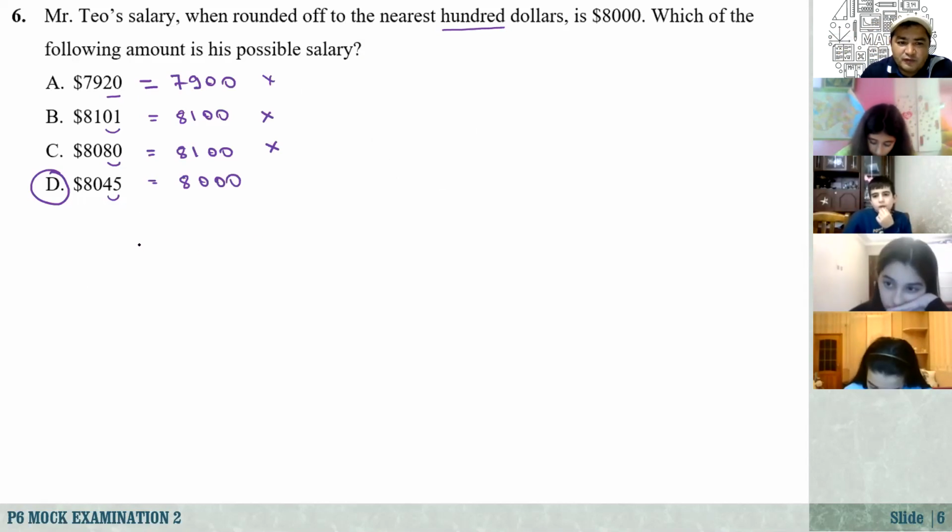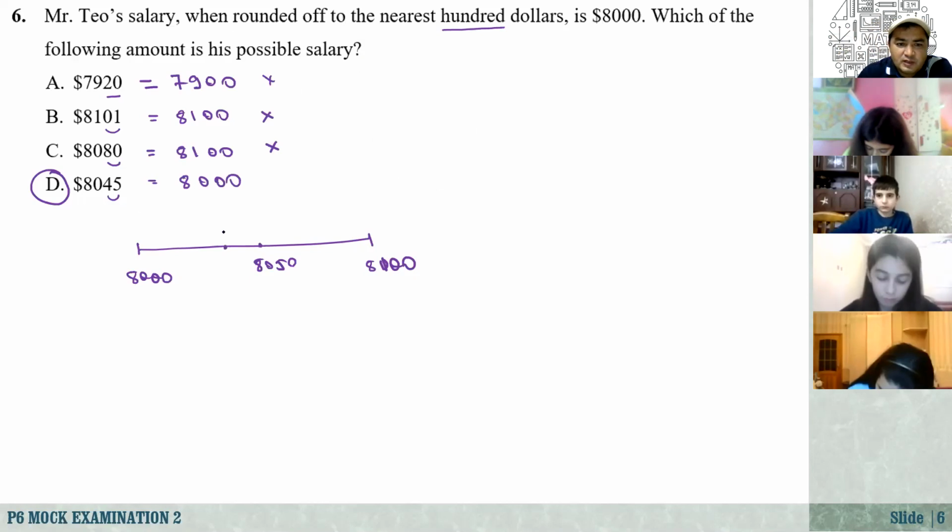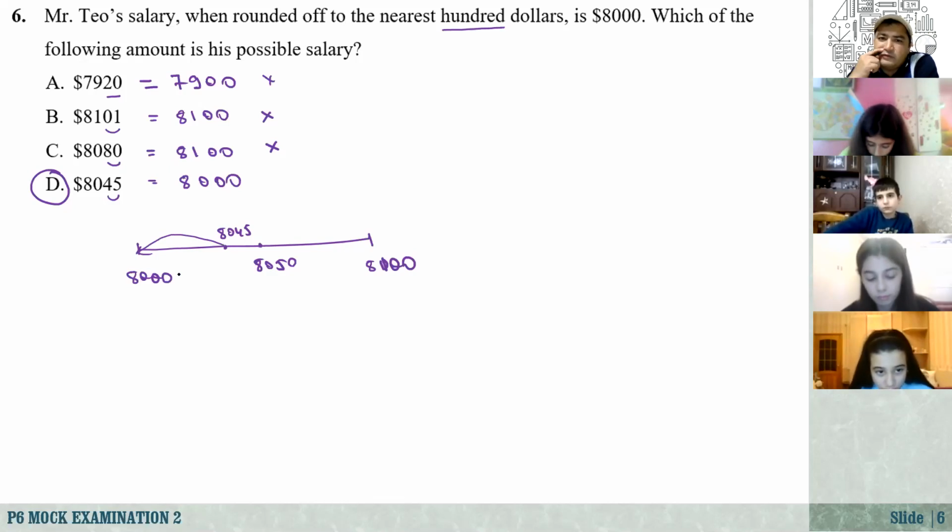Here we have 8,000, and here we have 8,100, and here we have 8,050, but our number is somewhere here, 8,045. It is closer to 8,000, right? Rounded off to the nearest $100 means that we are counting everything in $100. All right, let's continue.